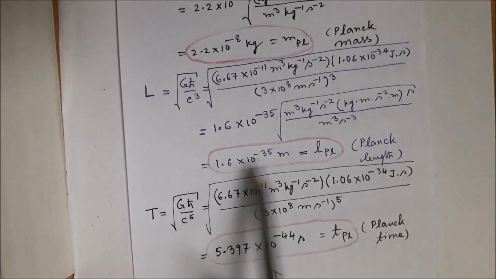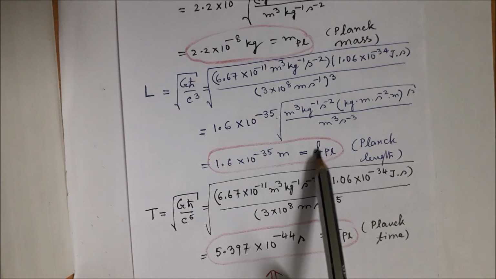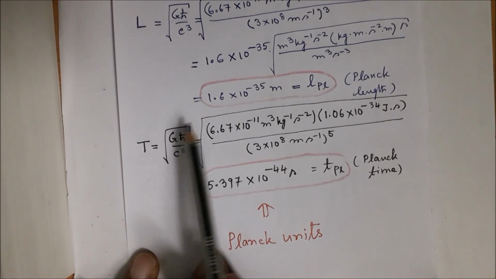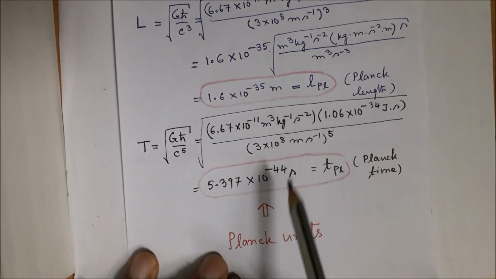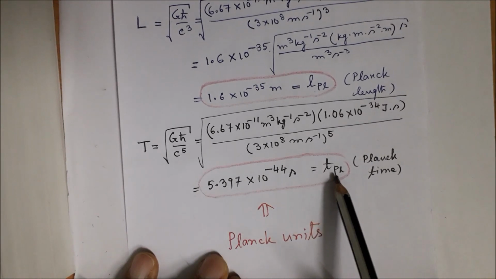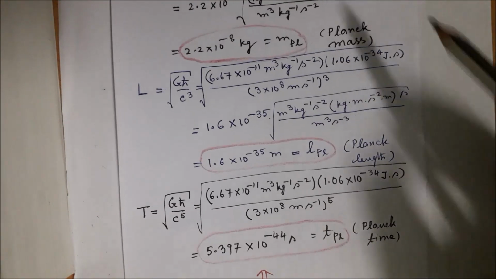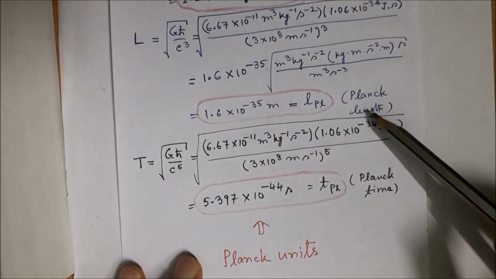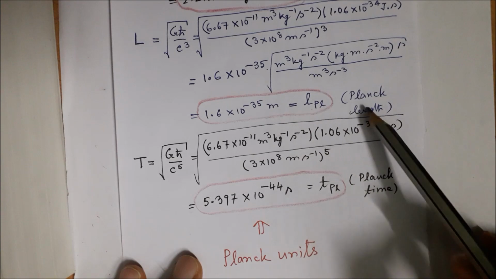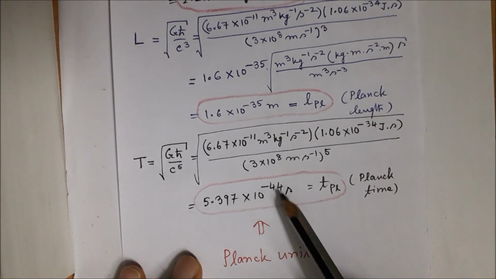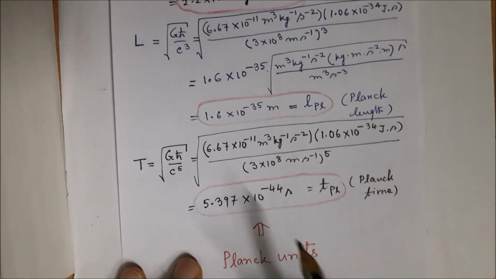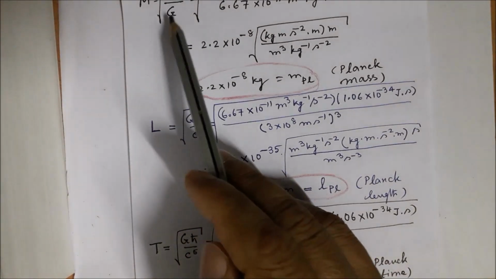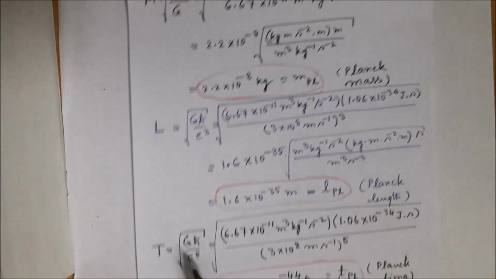Putting the values we end up with this expression, which we will call L_PL, the Planck length, and t is G h cross by c to the power 5 under root. When we put the values we end up with this amount of value, which is T_PL. So the Planck mass is this one, 10 to the power minus 8 kg. Planck length is 10 to the power minus 35 meter, and Planck time is 10 to the power minus 44 seconds. And expressed in terms of h cross, c and G, they are of these values.